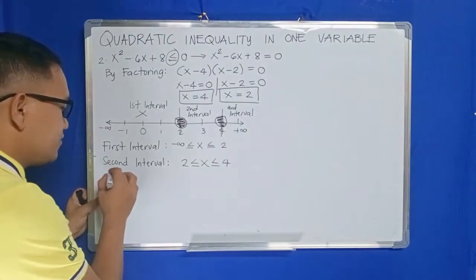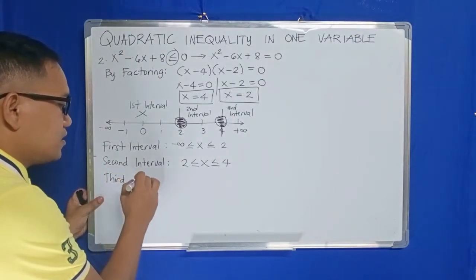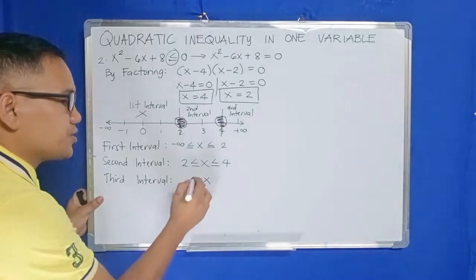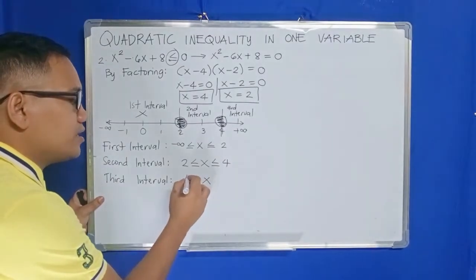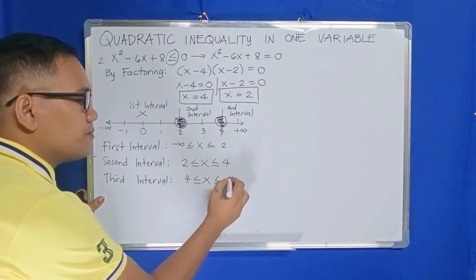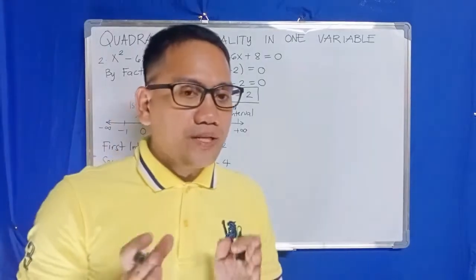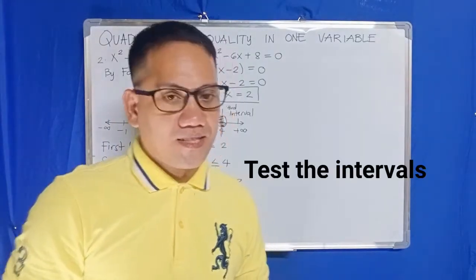And for our third interval, our inequality will be written as x is greater than or equal to 4, but less than or equal to positive infinity. After we create our intervals, it is for us to test these intervals.